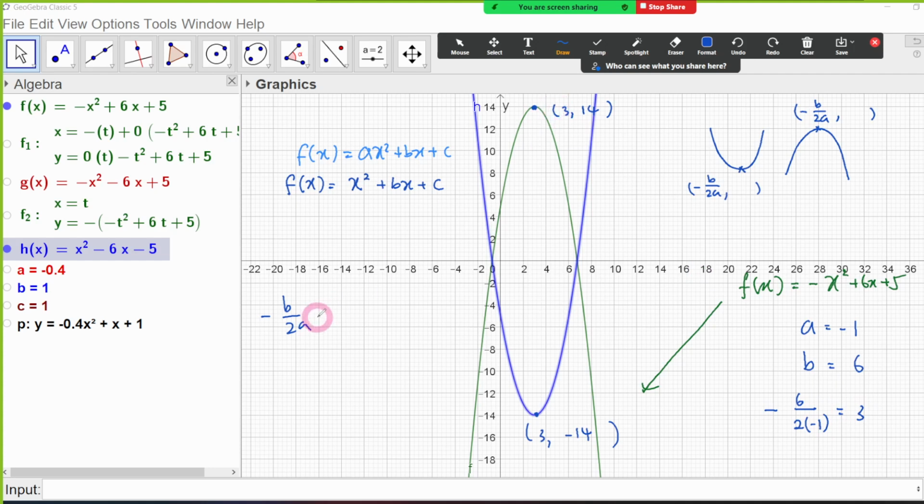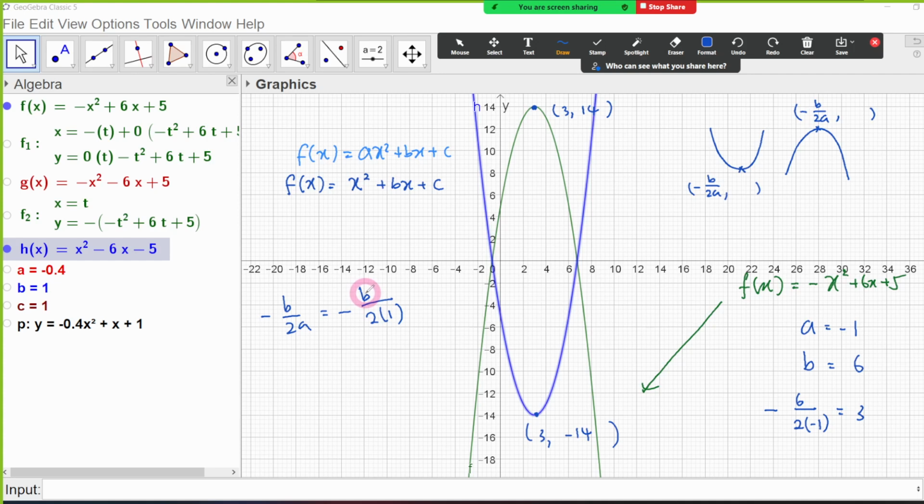So now, since you already changed the sign of a, in order to keep the value of negative b over 2a still remaining as 3, we need to change the sign of b as well. Okay, can you understand? Now, let's think this way. Negative b over 2a, with a equal to positive 1 now. So from here, we know that b must be negative, right?